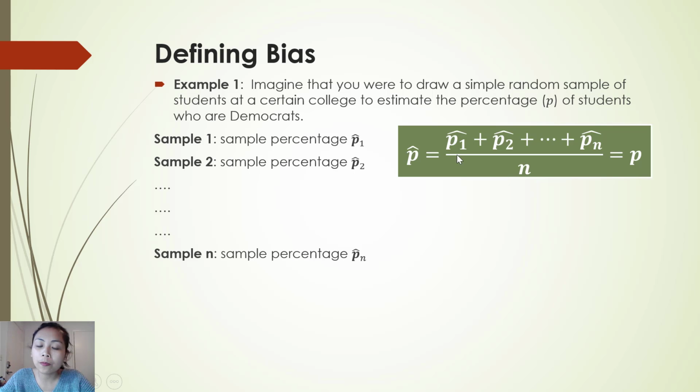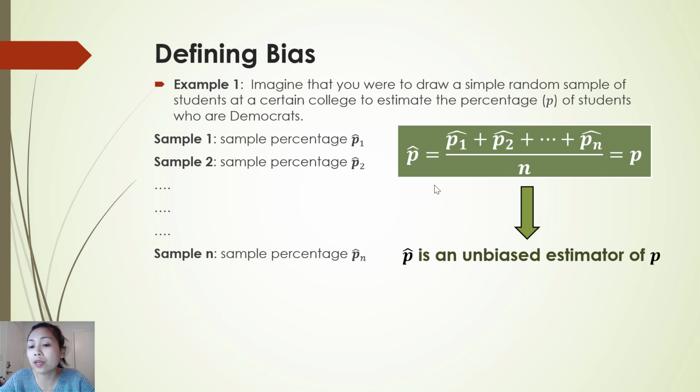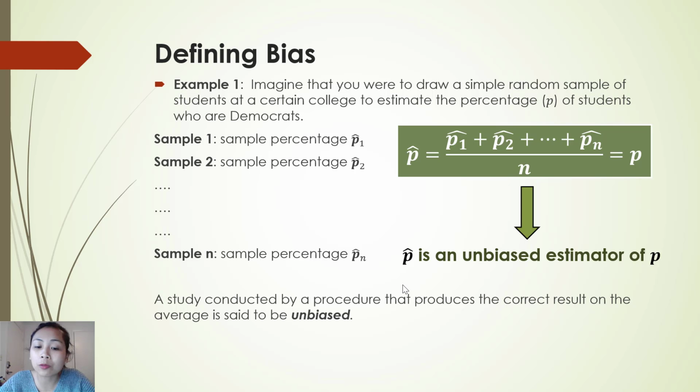If P hat is exactly P, where P is the population percentage of students who are Democrats, then I'm going to say P hat is an unbiased estimator of P, and a study that gives an unbiased estimator for the parameter is said to be an unbiased study. So a study conducted by a procedure that produces the correct results on the average is said to be unbiased.